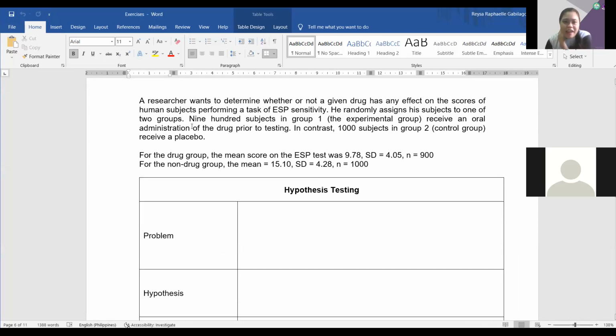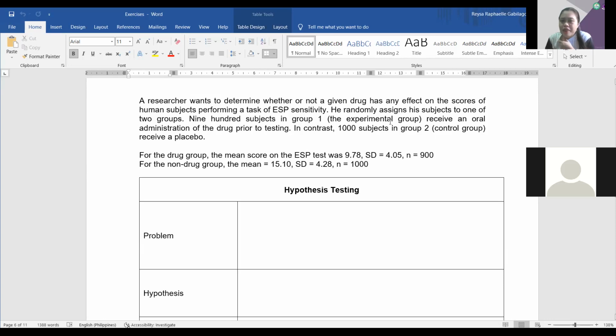Let's have this one. A researcher wants to determine whether or not a given drug has any effect on the scores of human subjects performing a task of ESP sensitivity. So he randomly assigns his subjects to one of two groups. You have here 900 subjects in group 1, the experimental group, who receive an oral administration of the drug prior to testing.